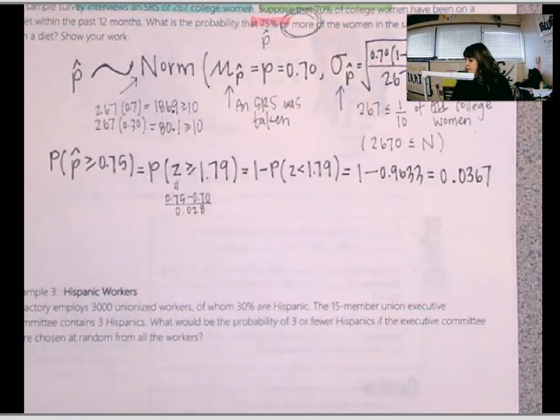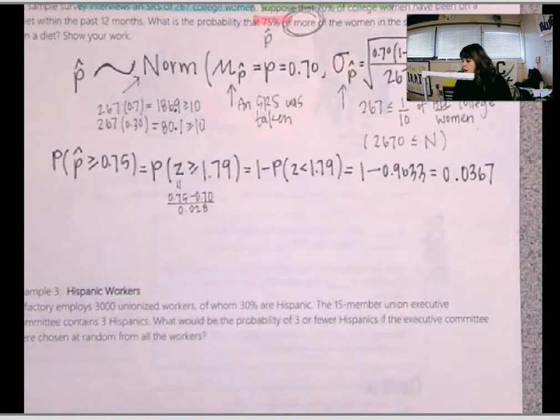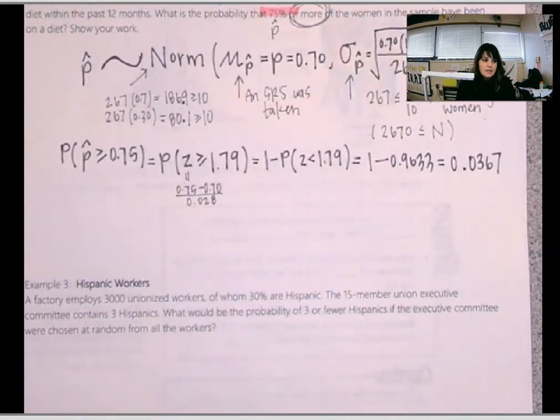And now to finish up this problem, we are going to write our answer as a statement.